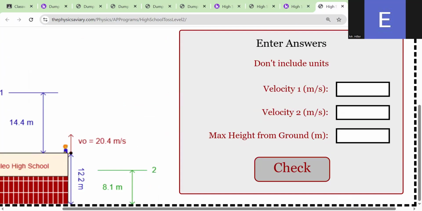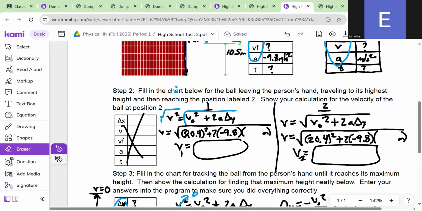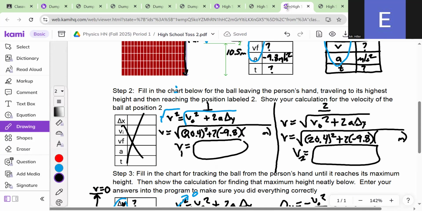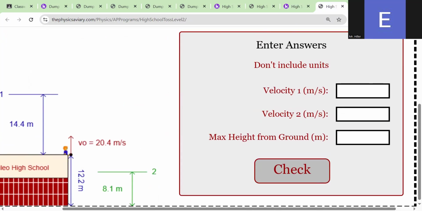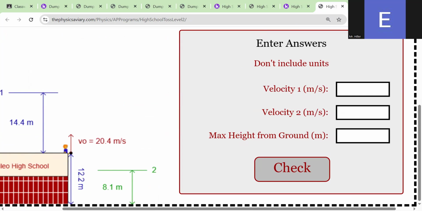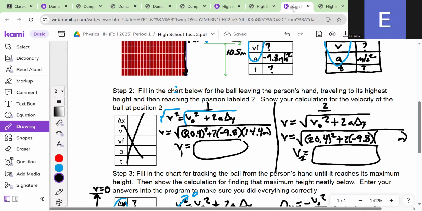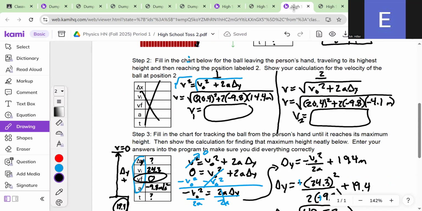My other ones, 14.4. So 14.4 meters high. And for location two, it's 8.1 meters subtracted from 12.2 in my case. So 12.2 minus 8.1 is a negative 4.1 displacement. Okay, so I've got that squared away. I just got to calculate it.